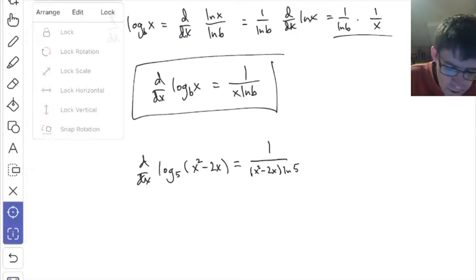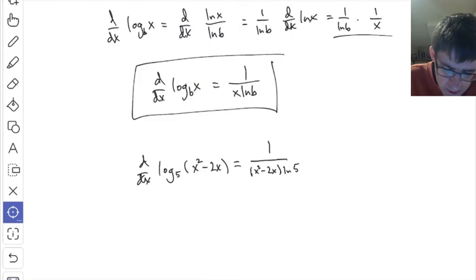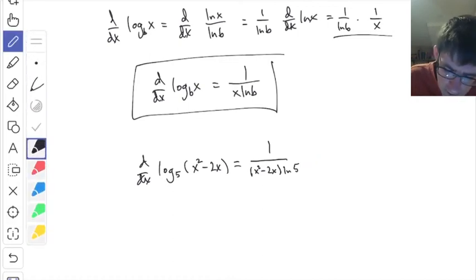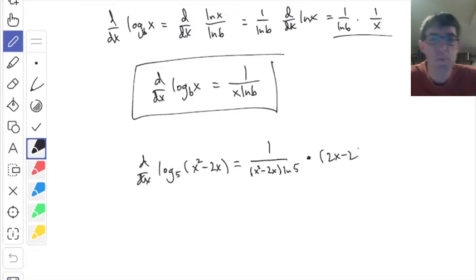When you're using one of these formulas, but it's not just x, it's some other stuff in here, you got to do the formula as written, and then you have to multiply times the derivative of what's on the inside. So the derivative of the inside is 2x minus 2, like that. So that's my derivative of the log.